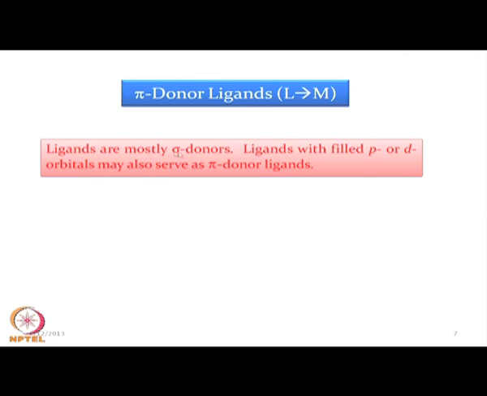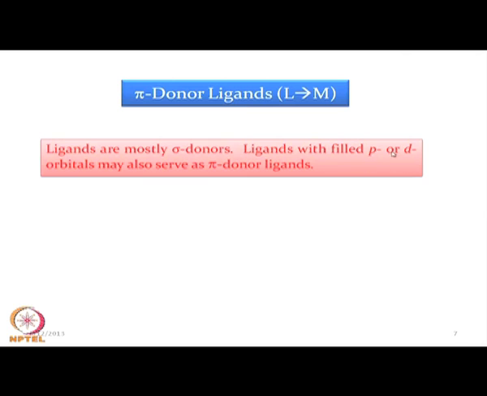For water or ammonia, the electron density is basically initially non-bonding electrons, but when these non-bonding electrons give rise to head-on overlap with the metal orbitals, the interaction is of sigma type and we consider them good sigma donors.